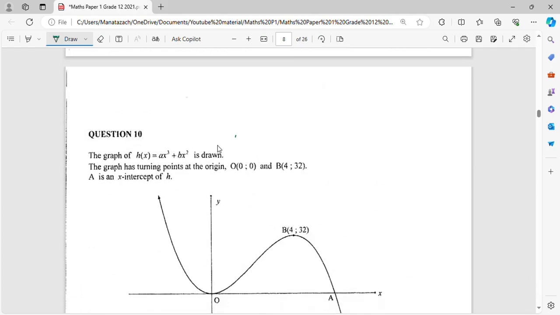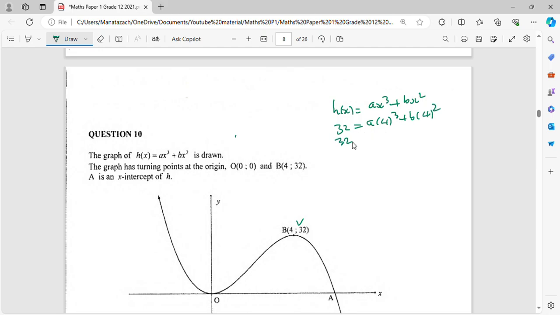Now, remember we've been given the graph of h, which is ax cubed plus bx squared, and we have got point B. Point B, x is 4, y is 32. So let's replace y by 32 and x by 4.